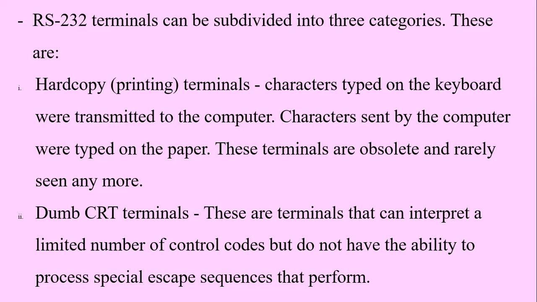The second category of RS232 terminal is the dumb CRT terminals. These are terminals that can interpret a limited number of control codes, but do not have the ability to process special escape sequences that they perform.